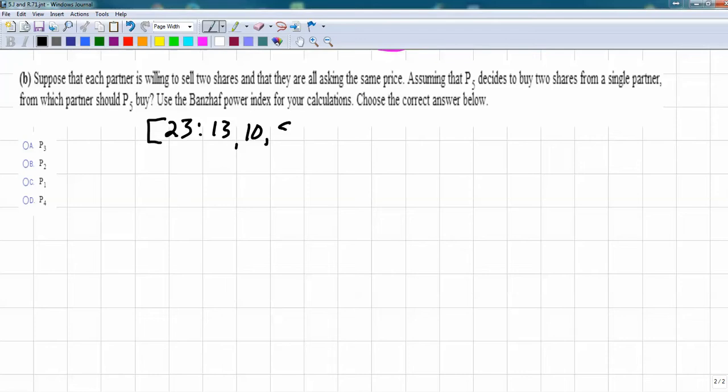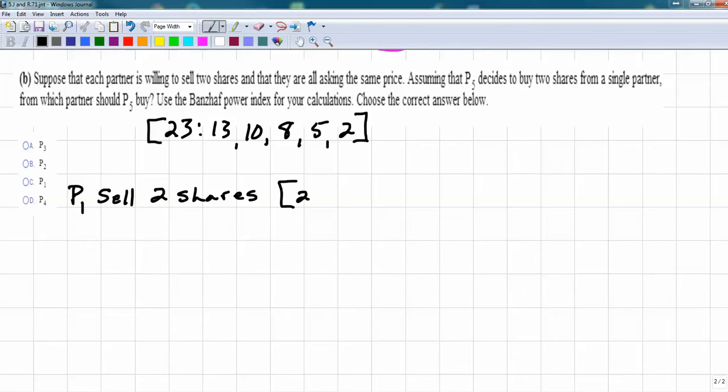And so in this first one, P sub 1 will sell 2 shares, which means that the coalition changes a little bit. And we end up with 23 colon 11, 10, 8, 5, 4. And this is what we're going to key into the calculator.